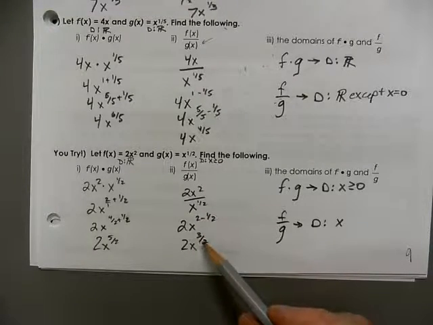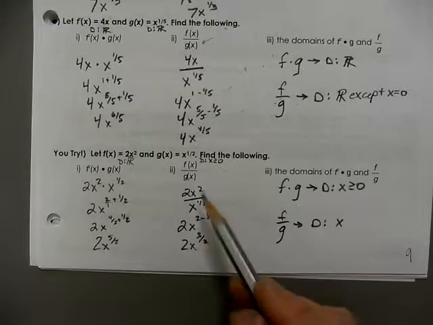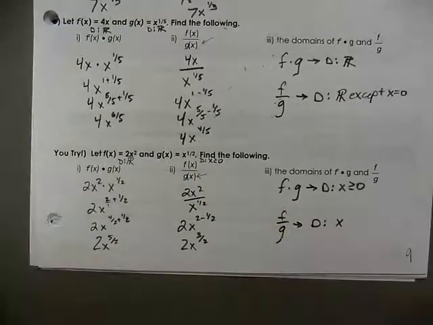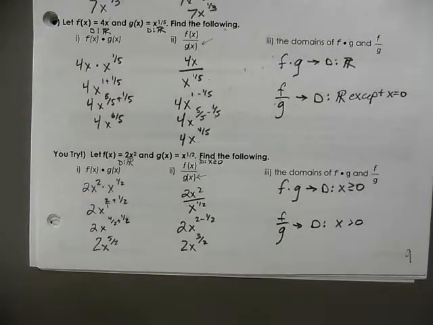The result kind of gives you non-negative, so it's looking like that. So 0 or bigger. But look, this is a fraction. We can't have anything in the denominator that's going to make it 0. So we've got to watch out for that also. So we're just looking for all positive real numbers.